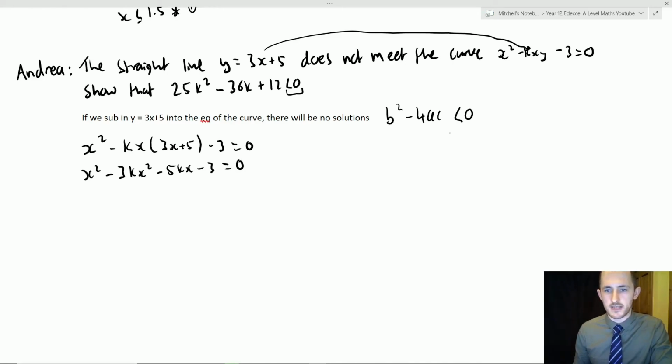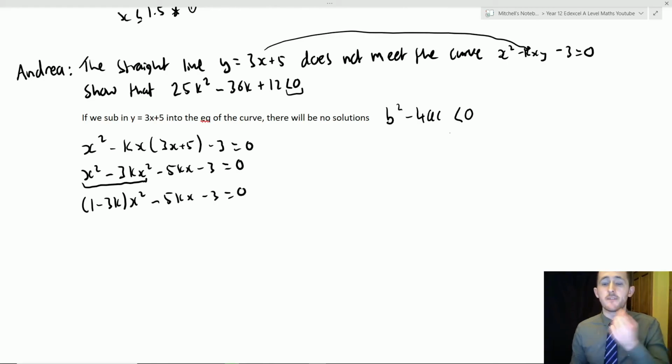Now what I'm going to do is factorize out the x squared here. So we have (1 minus 3k) x squared minus 5kx minus 3 equals 0. The reason I've done that is because the discriminant needs a, which is everything in front of x squared. It has to include both x squareds.